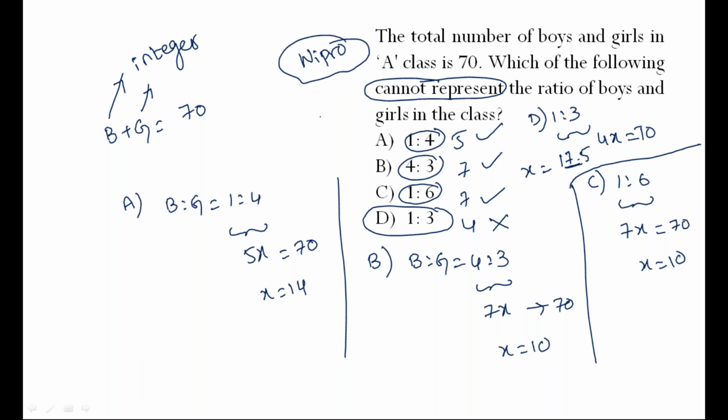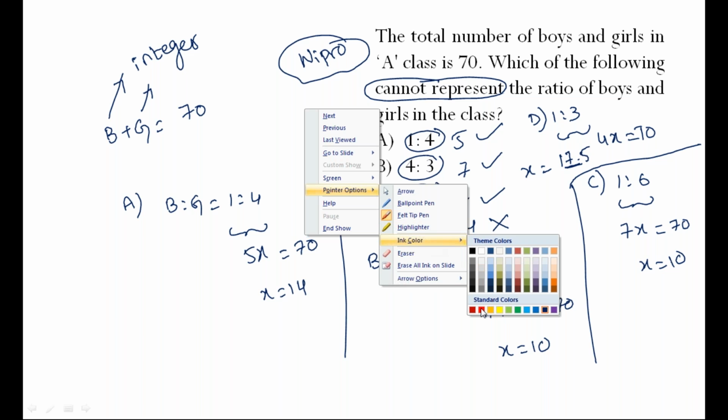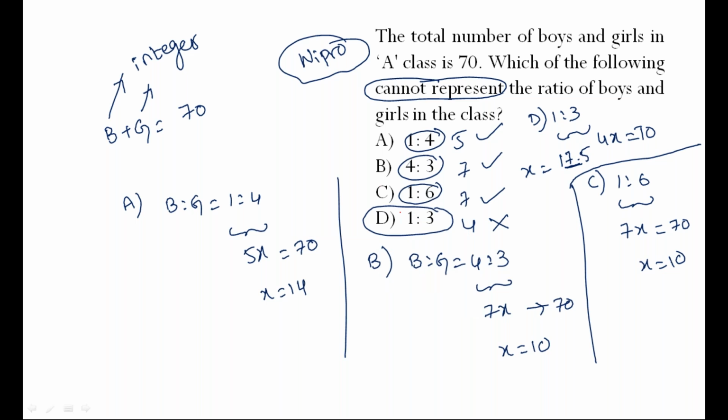Which of the options cannot be represented as the number of boys and girls? Because of 7, we got an integer. We want an integer, but for option D, boys and girls would not be integers, we'll get fractions like 52.5 boys, 17.5 girls.